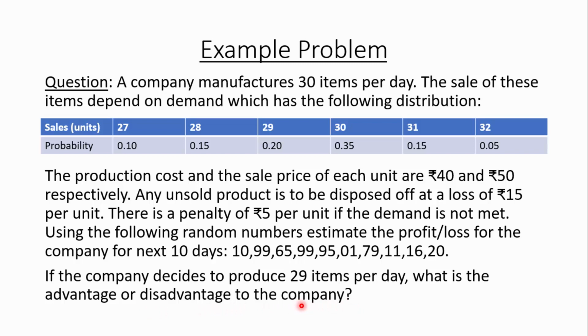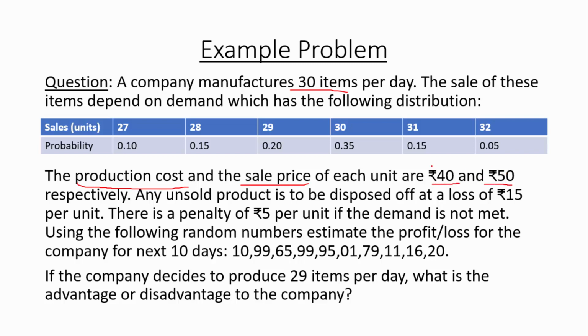So here in our problem it says that the company produces 30 items per day and we need to find out the actual or realized profit. And here we have seen that the production cost and the sale price are given as rupees 40 and 50 respectively.